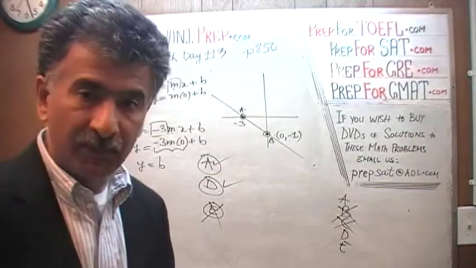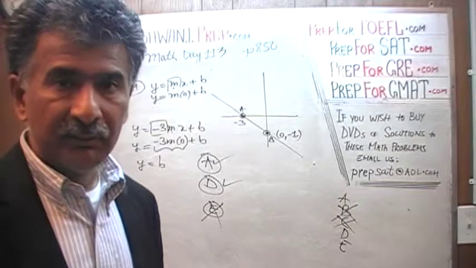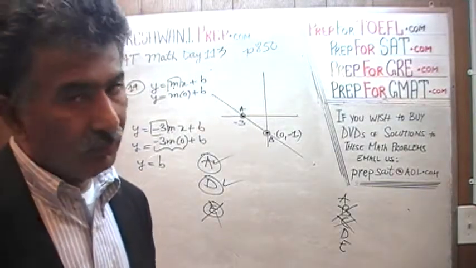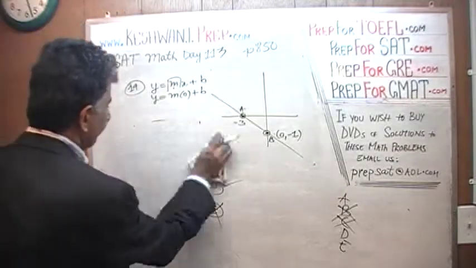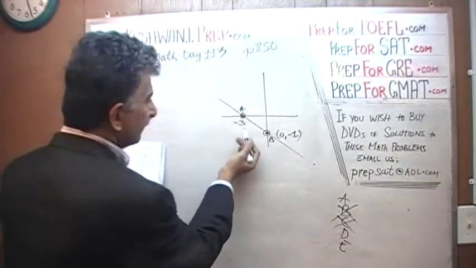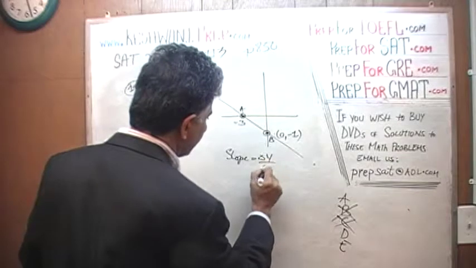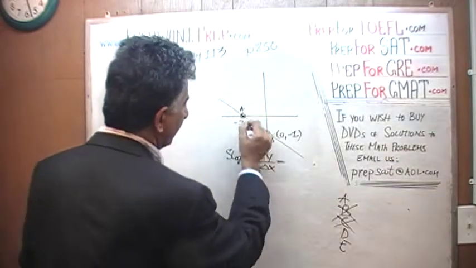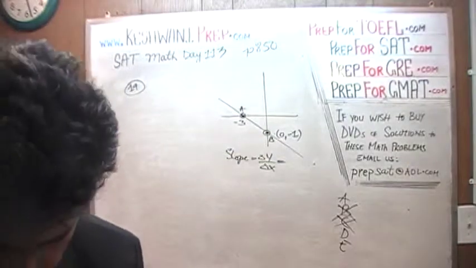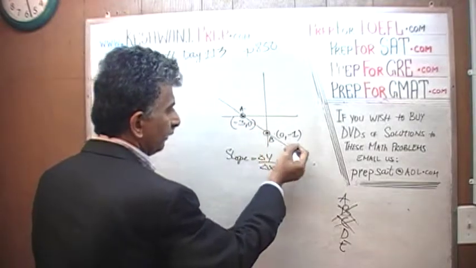This is getting to be more complicated than I thought. For some reason I was optimistic. I thought by the time we do this much work we will have narrowed down to the correct answer. It did not happen. So we have to calculate the slope. The slope of this line is the change in y over the change in x. The value of y at point A is 0, and here the value of y is -1.